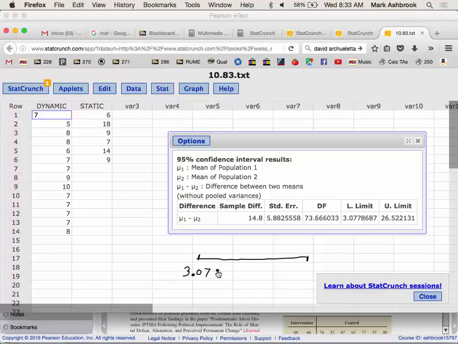So that's like 3.078 and 26.522. Okay, so what's the center of that? Between 3 and 26.522. What are the meanings of these numbers? So confidence interval for what? Here's the key. What variable are we doing a confidence interval for?